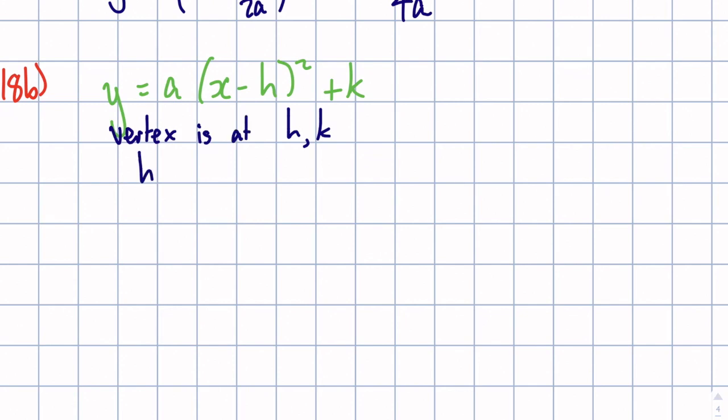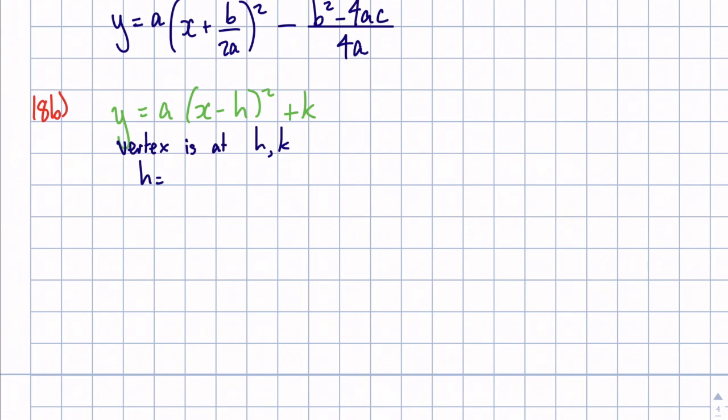So h equals minus b on 2a. Hey, that's usually the thing we use. K equals minus b squared take 4ac all over 4a. That's not the thing we always use, but you know, it's a thing.